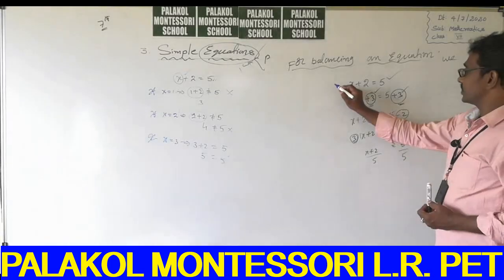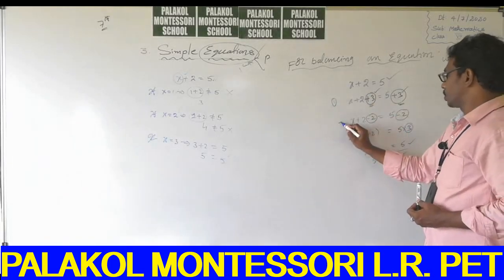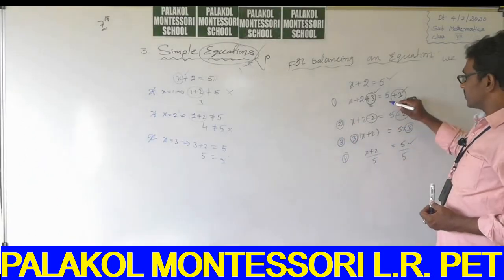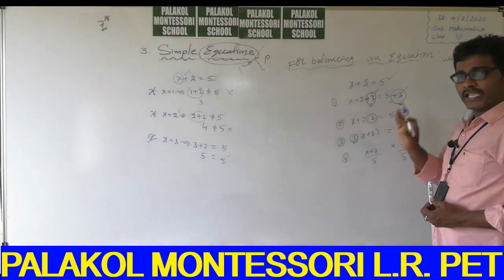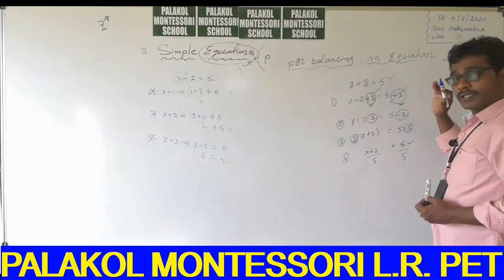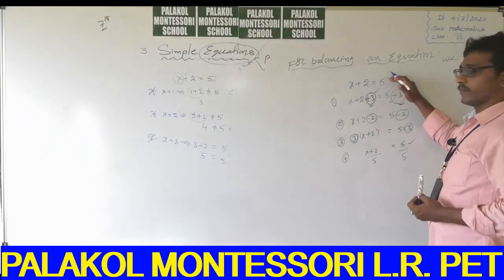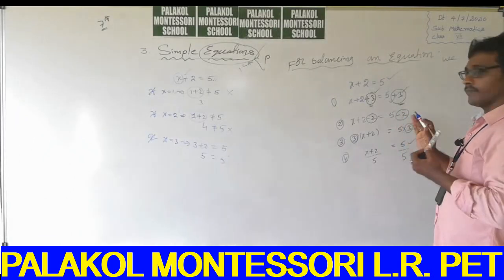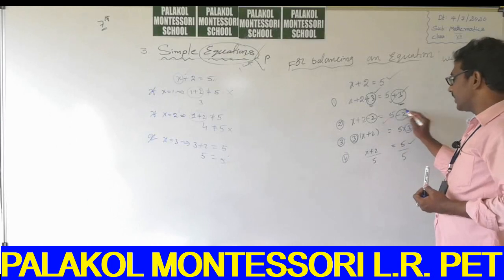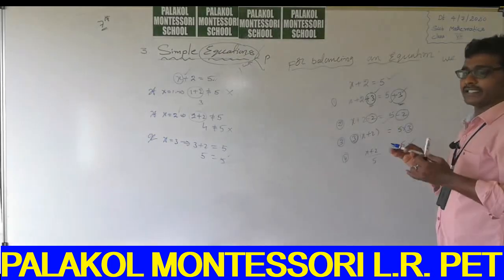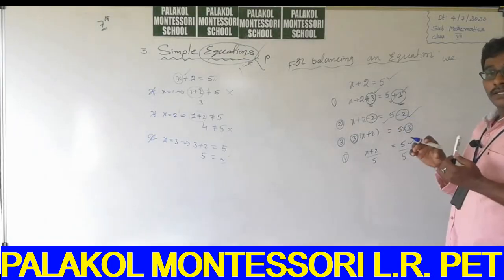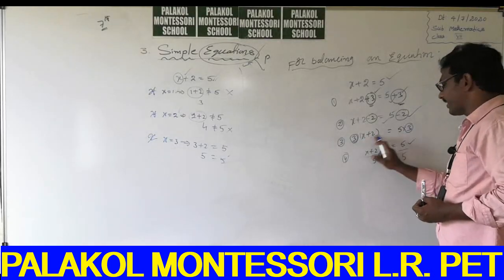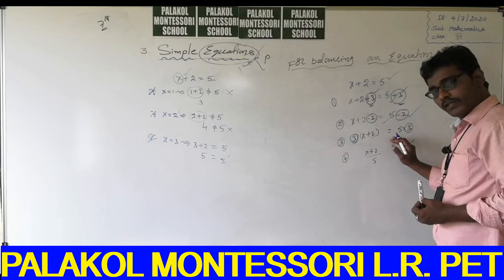Guys, 4 steps are there: 1, 2, 3, 4. In the first step, add the same number on both sides, and the equation is undisturbed. Second, subtract the same number on both sides, and the equation is also undisturbed.